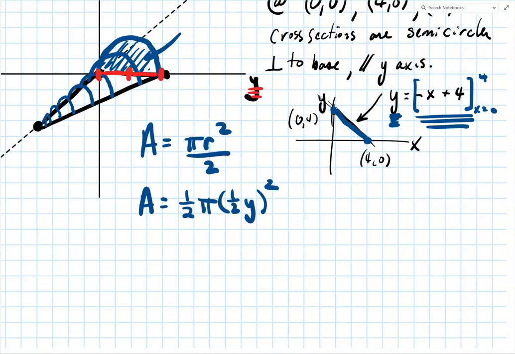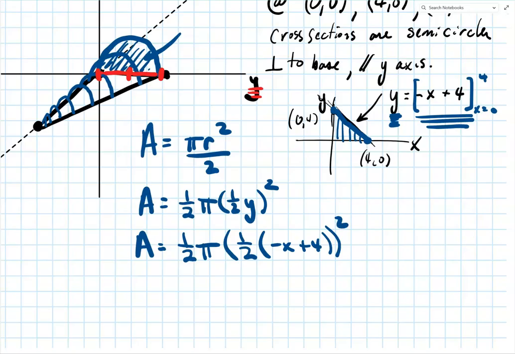So the y-coordinate along the way ends up being the result of this negative x plus 4 equation. And that's going to be particularly helpful because we've already discussed how we only want to use this equation on a boundary of x. So area would be 1/2 of pi times 1/2 of negative x plus 4 quantity squared.